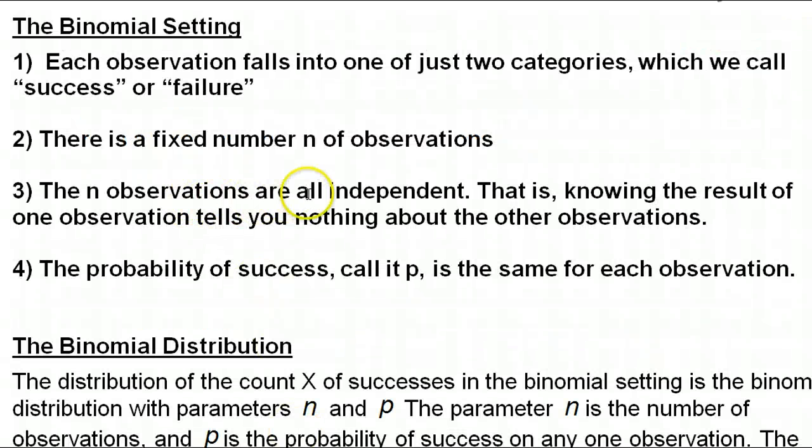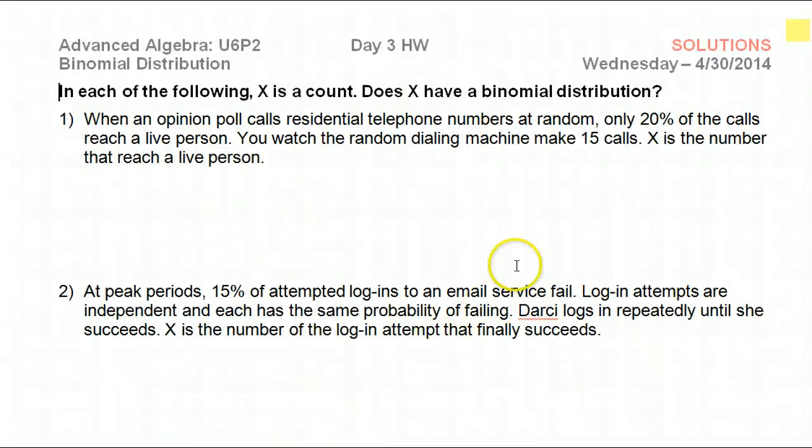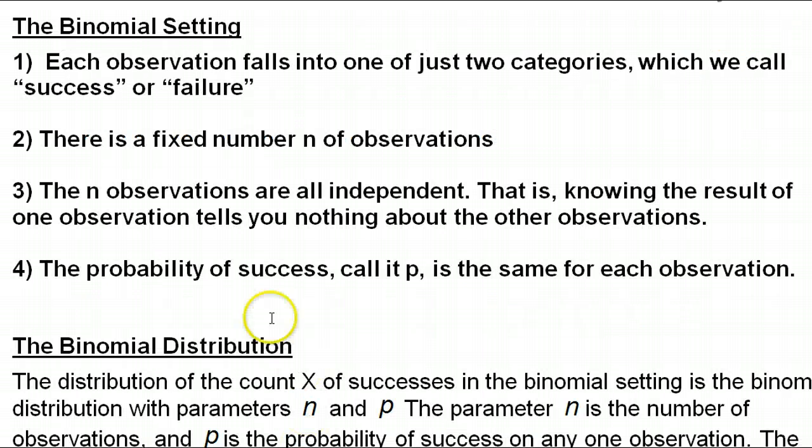All right, are the observations independent? Well, sure. Whether or not you reach a live person on call number 7 has no impact on whether or not you're going to reach a live person on call number 8. One call has nothing to do with the other. And the last one, is the probability of success the same for all of the outcomes?